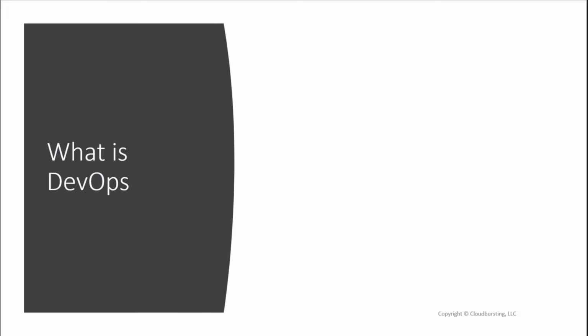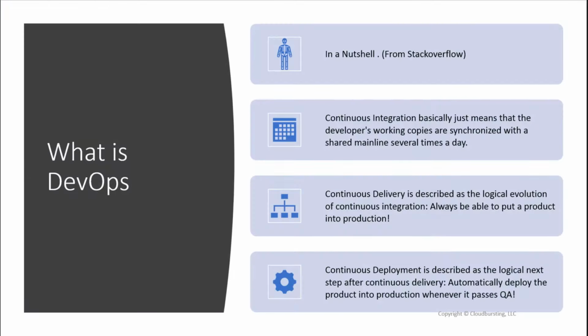Now, when it comes to DevOps, it really comes down to trying to sum up continuous integration, continuous delivery, and deployment as easily and efficiently as I can. And the best definition of this comes from Stack Overflow, I think. Continuous integration is really just meaning that the developer worker copies are synchronized with the shared mainline.